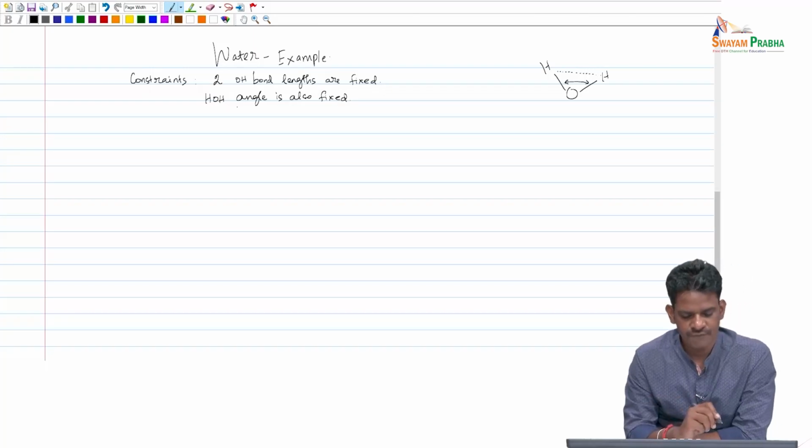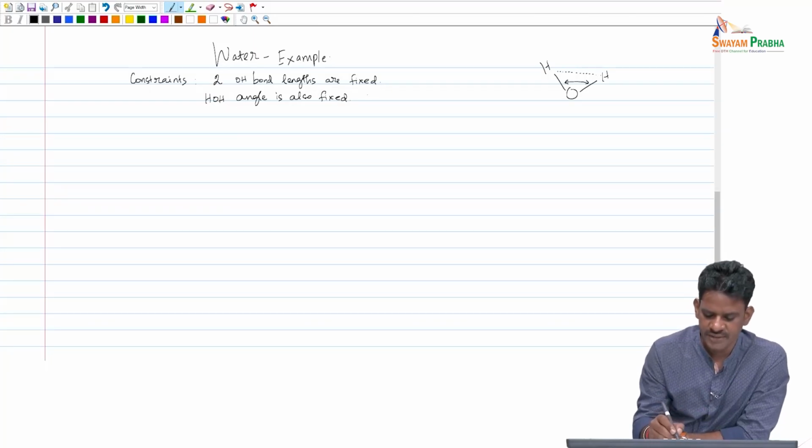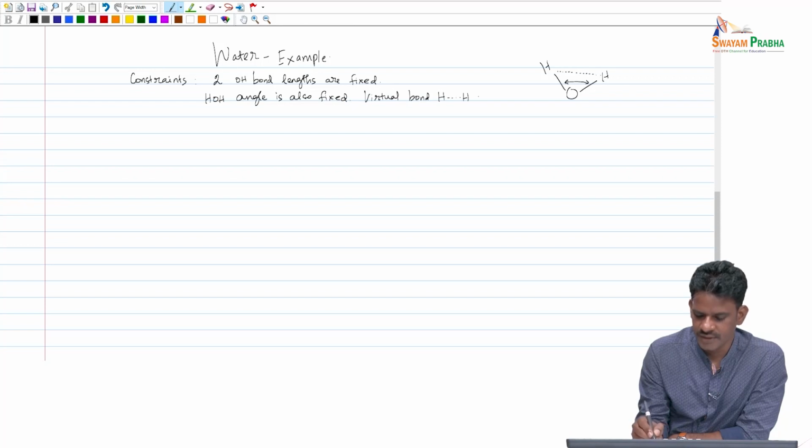The meaning of fixing the HOH angle basically means that some virtual bond is fixed.